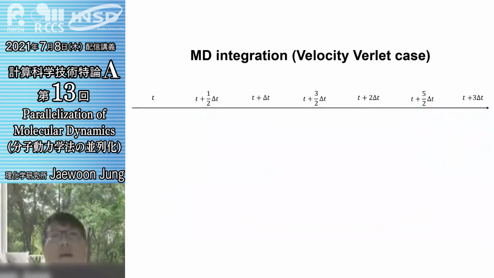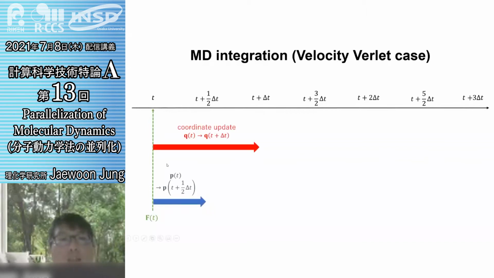Here, I'll explain one MD integration scheme named velocity Verlet. At time t, we first evaluate the force. Then we update momentum from t to t plus half delta t. Using this momentum, we update coordinates from t to t plus delta t.